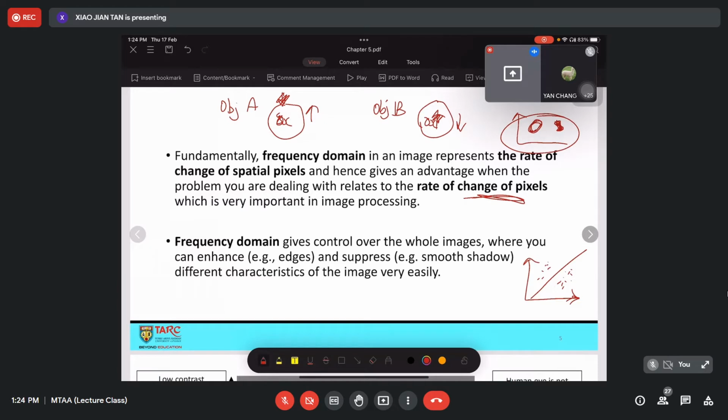Okay, so frequency domain gives the control over the whole image, where you can enhance the edge and suppress or smooth the shadow, different characteristics of the image very easily. That is because high frequency information is actually describing the edge, the texture, all those noises are considered as high frequency information.